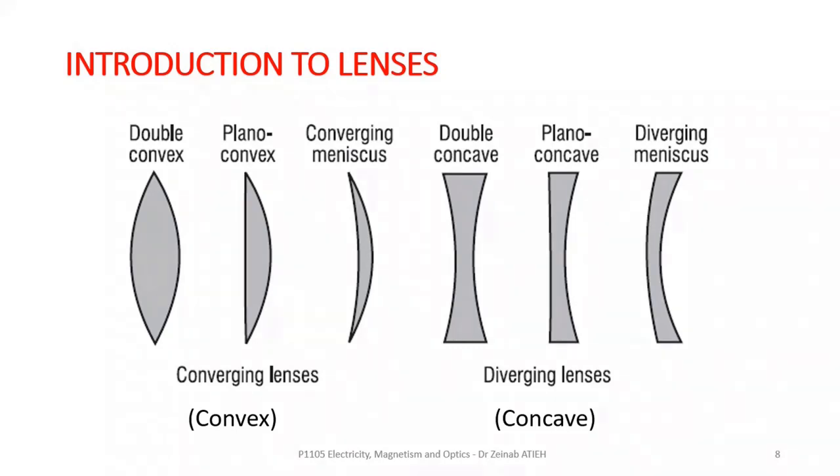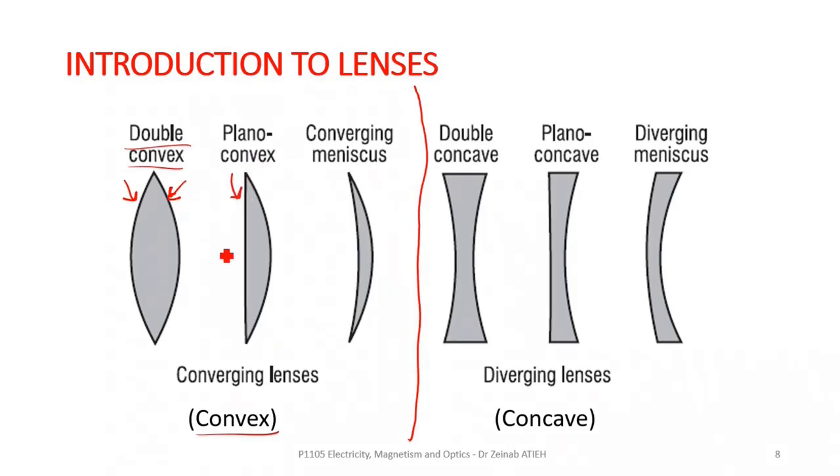We will see the symbol right after this slide. So let's start first with converging lenses. Converging lenses are also called convex lenses. For a double convex, you can see that we have a spherical shape from both sides.